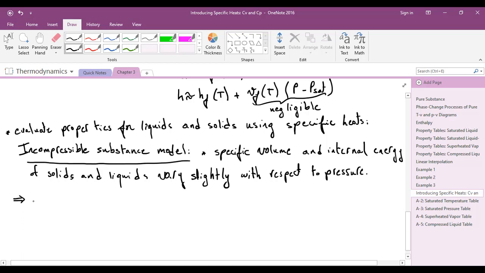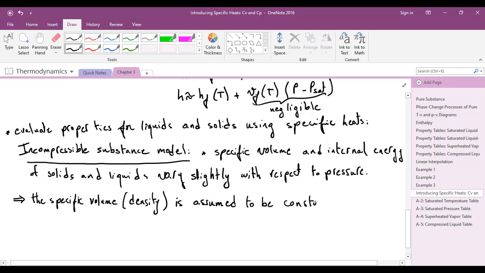So the specific volume, or the density, which is its inverse, we can assume in this incompressible substance model is assumed to be constant, and the internal energy varies only with temperature.